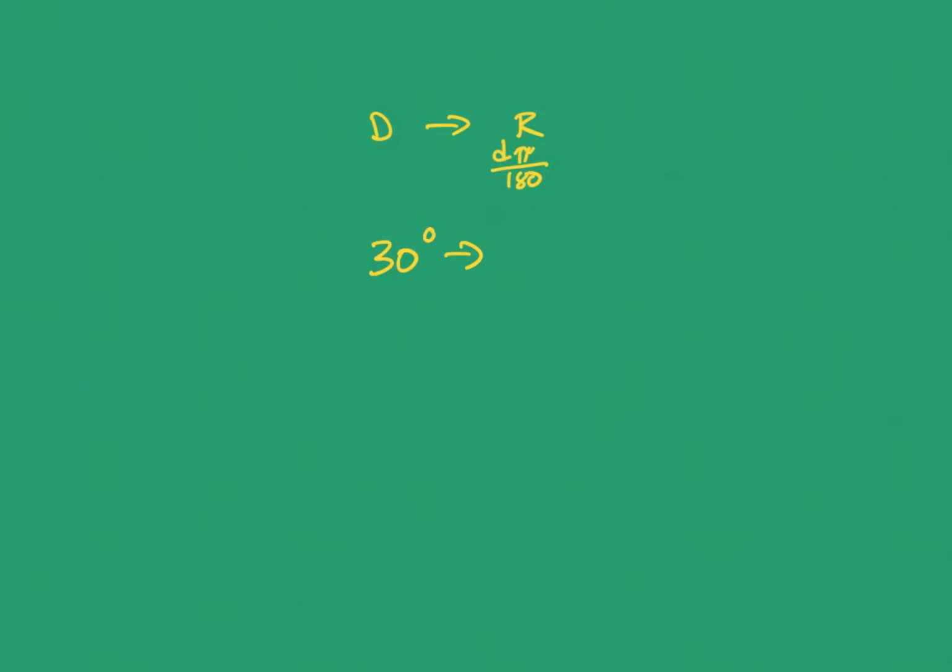I'm going to take negative 30 times pi over 180. And now reduce it. 30 goes into itself once, so that's negative pi over 6. So negative pi over 6 radians is the same thing as negative 30 degrees.